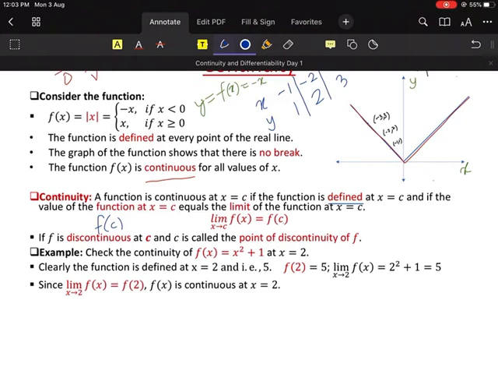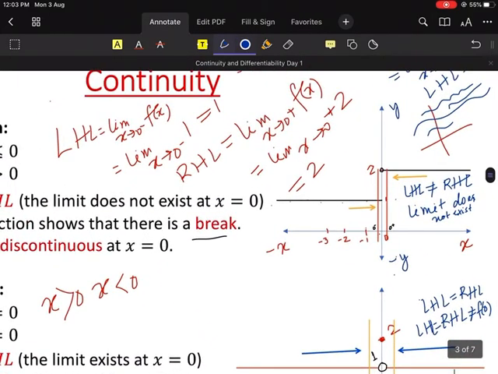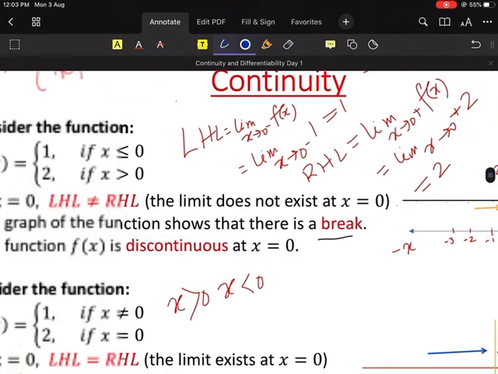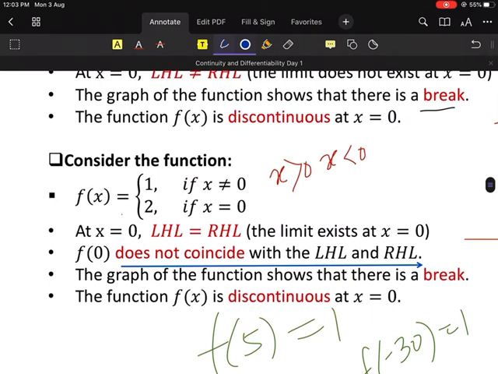Okay, so now if f is discontinuous at c, then c is called the point of discontinuity of f. Here 0 will be known as the point of discontinuity of this function.